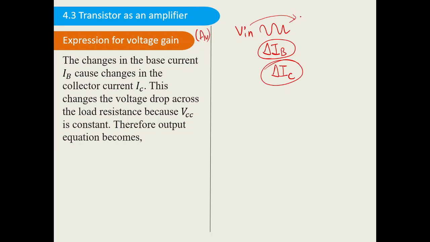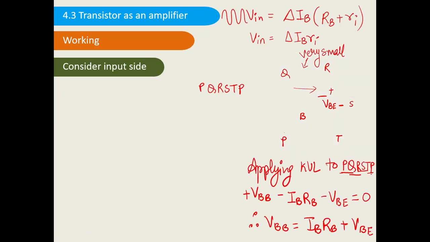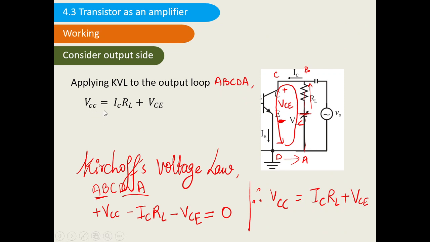So V in changes, that means IB is changing, and that means IC is changing. This changes the voltage drop across the load resistance, because VCC is constant. In the transistor, VCC and VBB are always constant because these are external power supplies. So the output equation becomes: the output equation was VCC equal to IC RL plus VCE.